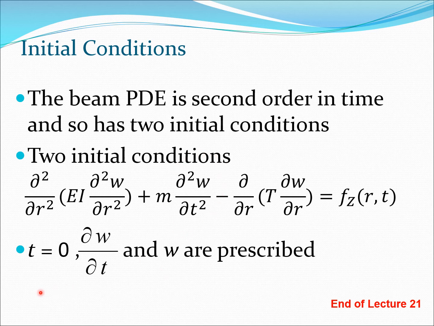So just to recapitulate, the governing differential equation for the rotating beam would give you a solution, and you would need four boundary conditions to find the constants which come from the spatial side of the equation, and you would need two initial conditions to find the constants which come from the temporal or time side of the equation.